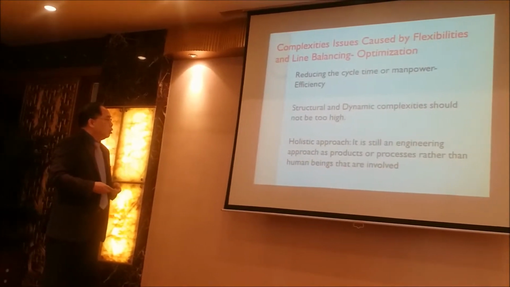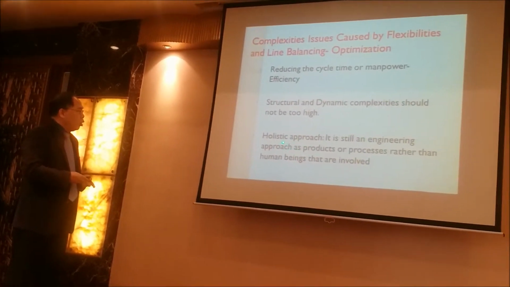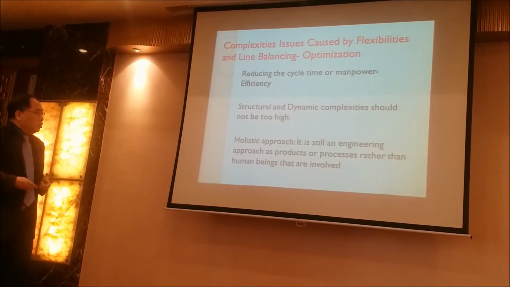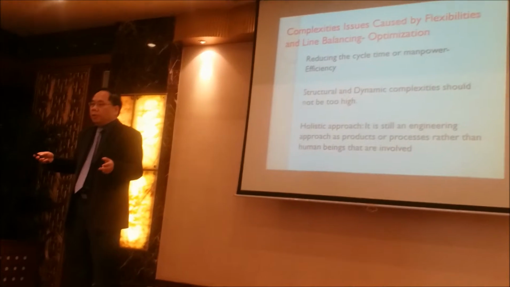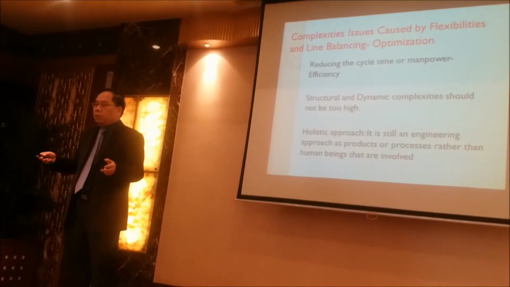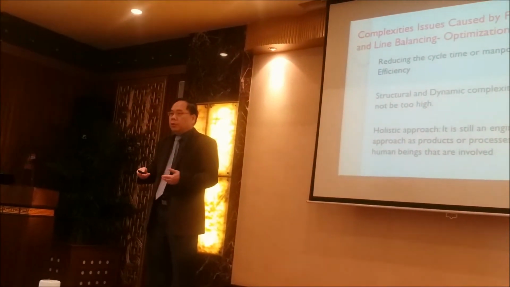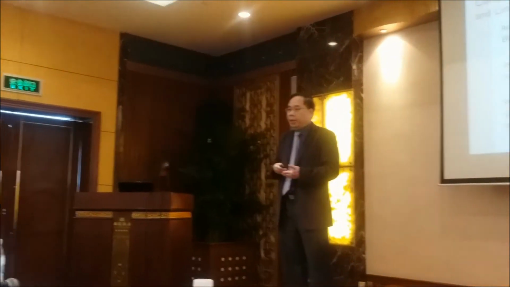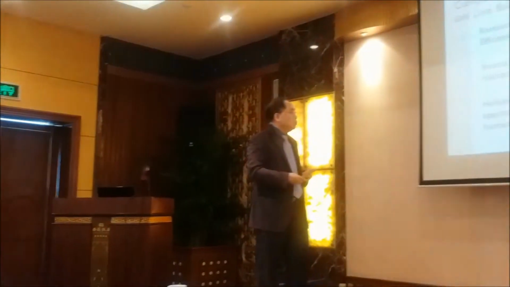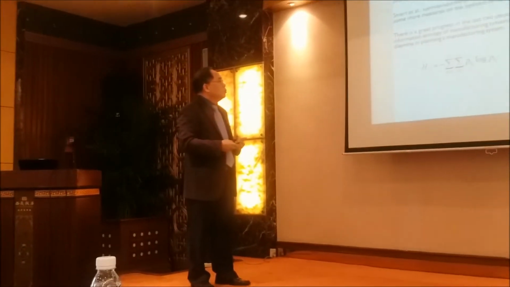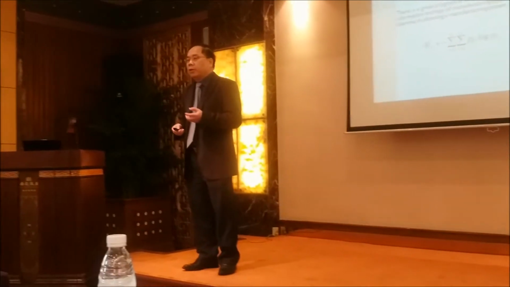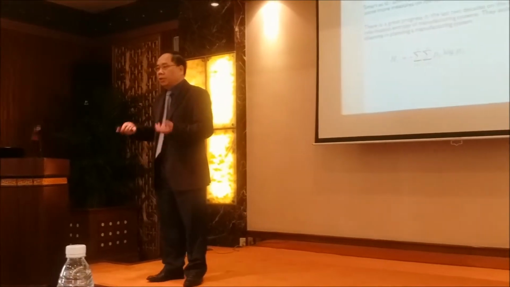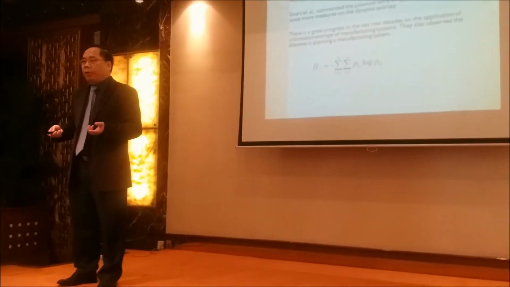Okay, so we'll do a holistic approach. We try to find mathematical models to reduce the complexity and also achieve the line balance. Now, we don't like complexity because basically we need more information to understand things, and we don't follow what we plan.